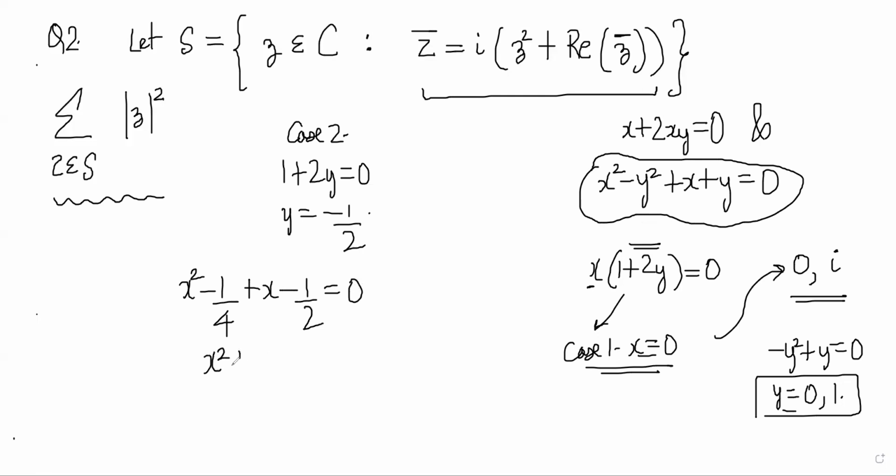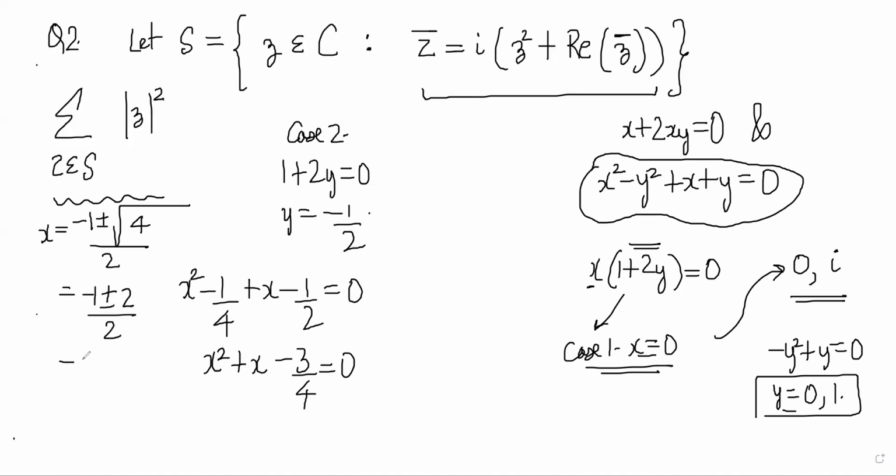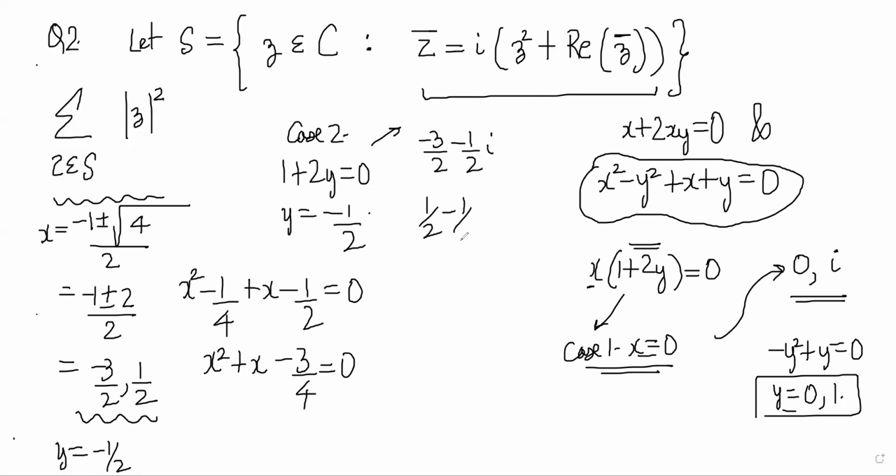You get x square plus x minus 3/4 equals 0. And so from here we can solve by quadratic formula and you get minus 1 plus minus root over 1 plus 3, 4, over 2. So this is minus 1 plus minus 2 over 2. So it is either minus 3/2 or 1/2. This is the x and y is anyway minus half. So the complex numbers that are coming from here are minus 3/2 minus half I and 1/2 minus half I.